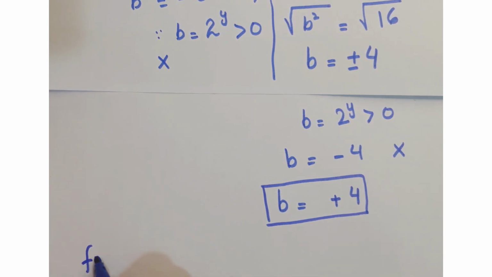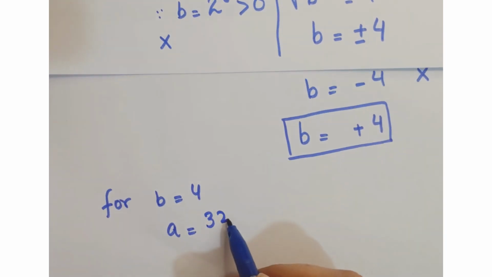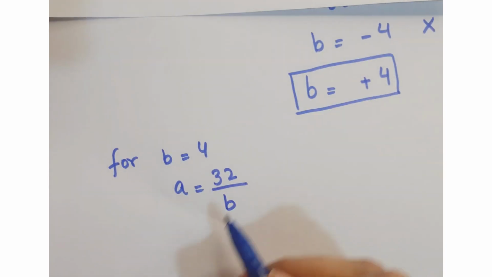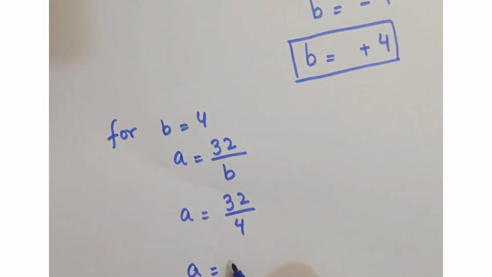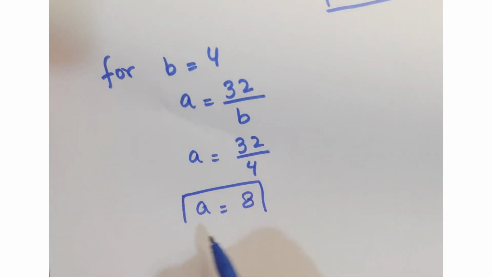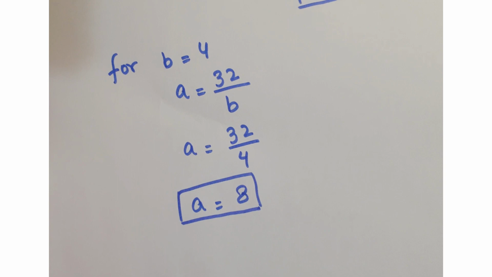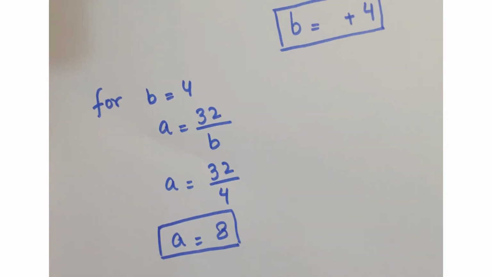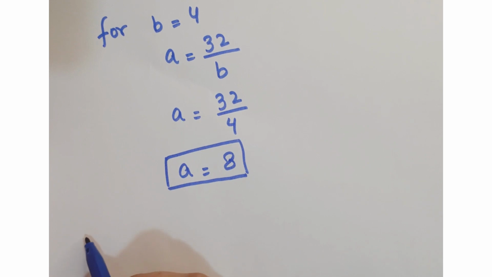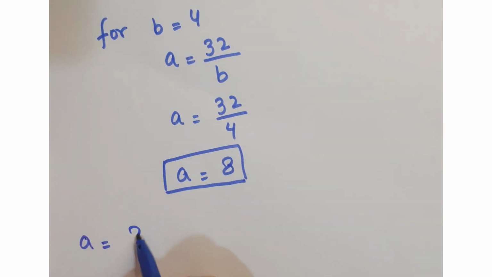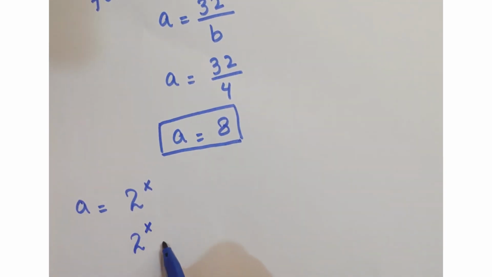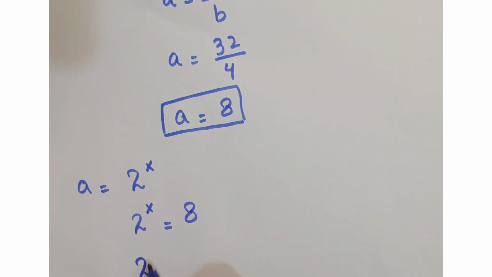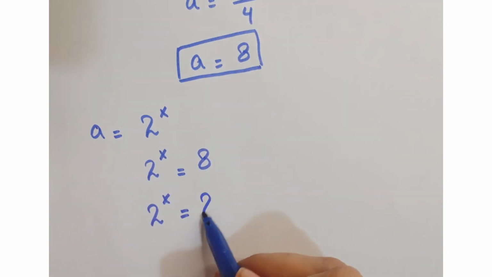Now for b is equal to plus 4, we have in the equation that we calculated earlier that a is equal to 32 upon b. So you have 32 upon 4, or a is equal to 8. So we got b is 4 and a is 8 here. Now according to our assumption, a is equal to 2 to the power x. So evaluating x, 2 to the power x is equal to 8, or 2 to the power x is equal to 2 cube.